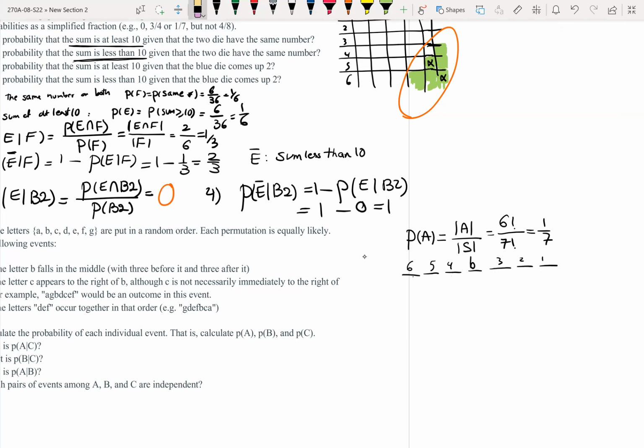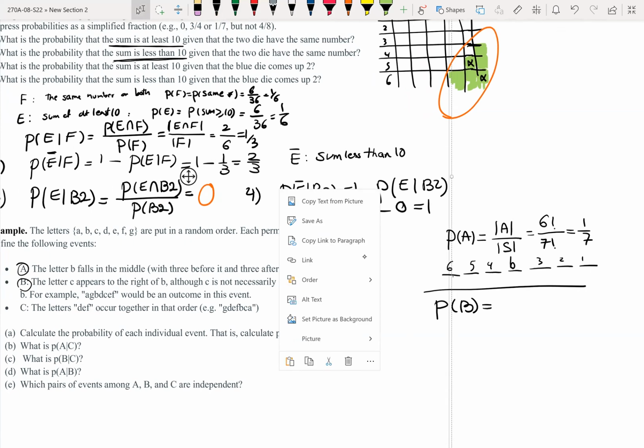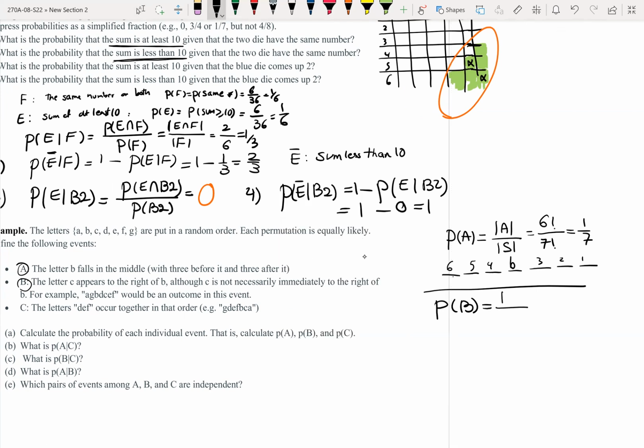Okay. Let's get the probability of event B. It says the letter C appears to the right side of the B. What do you think?